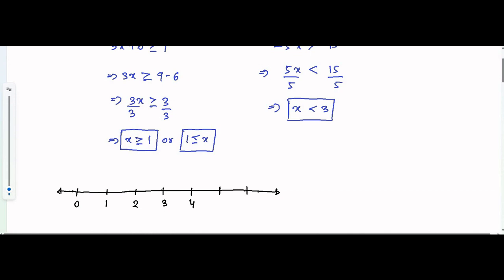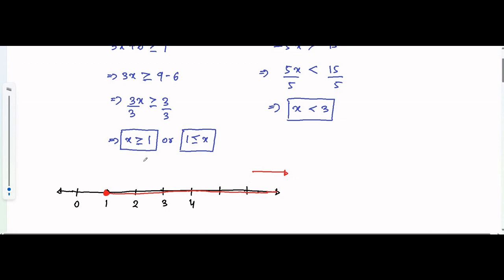Because of this greater than or equal to sign, this equal to sign means that 1 is included in the solution set. So 1 will be a darkened circle, and for x greater than or equal to 1, we'll include a solid line like this which goes on and on and on, as far as the number line goes.